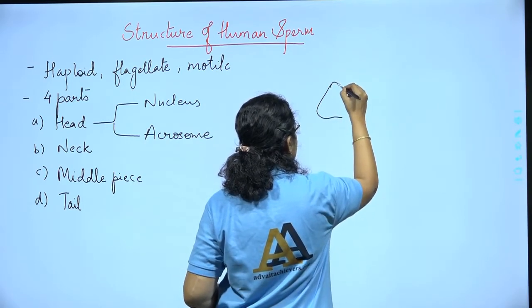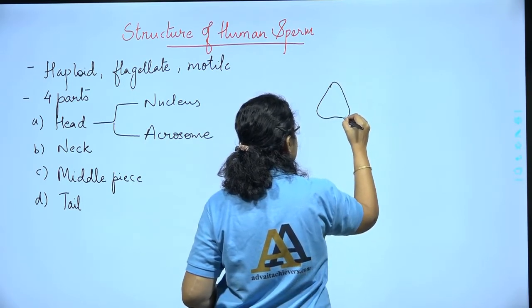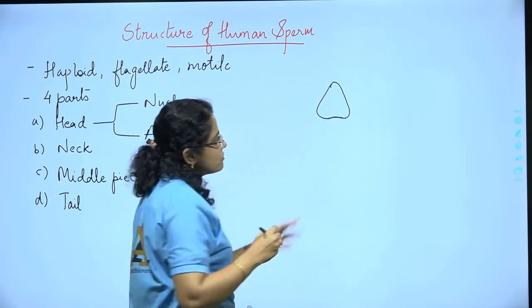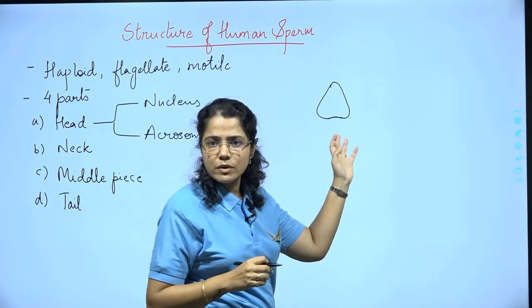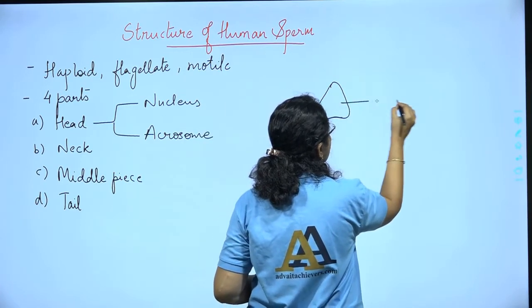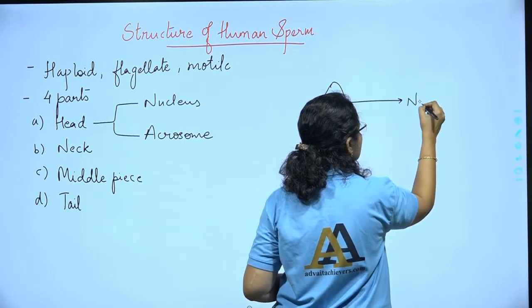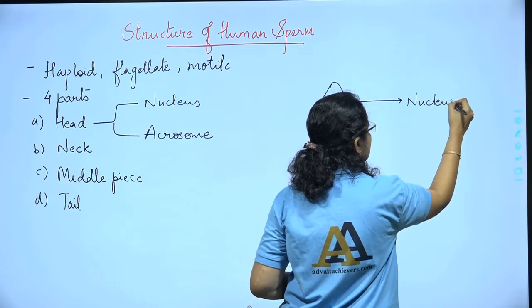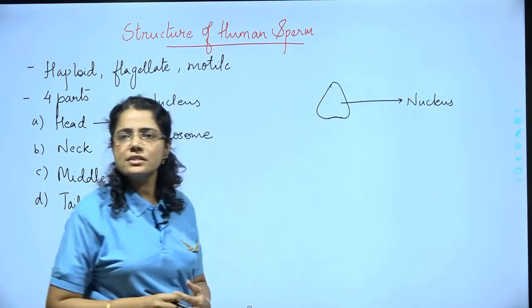When I am drawing the nucleus, you can see I have put a slight depression over here. That was my main reason for erasing it. Okay, so this is the nucleus, as we said. This nucleus we said is condensed.